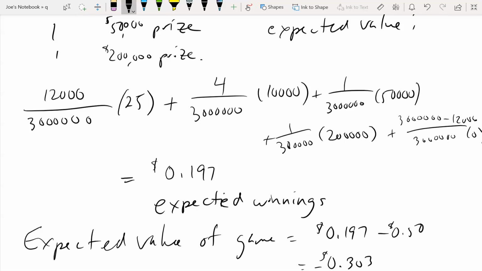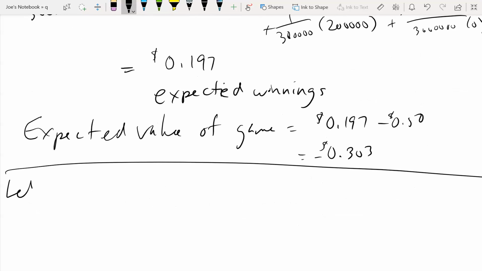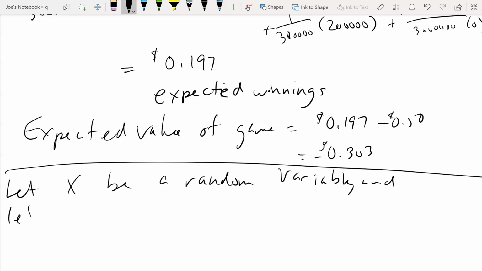All right, so for definition then, for expected value purposes, let's let x be a random variable, and let's let f of x be the probability mass function of x.